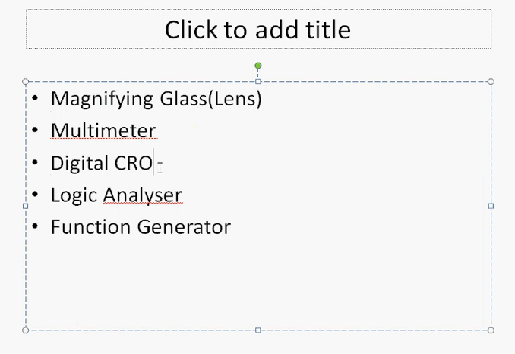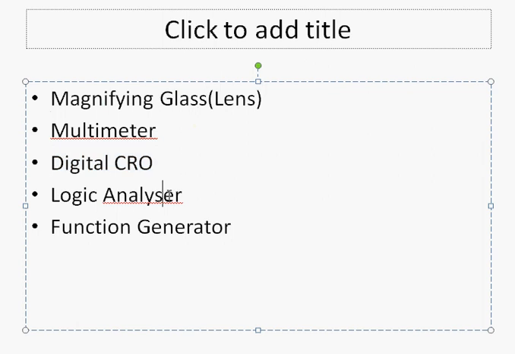Literally it will be an analog signal, because we talk about a circuit there, and whether it is a sinusoidal signal or a square signal you're getting from one device to another device, even this you can measure. So digital CRO is one more tool used for addressing the issue which was just pointed out.